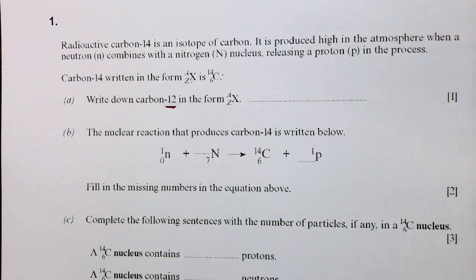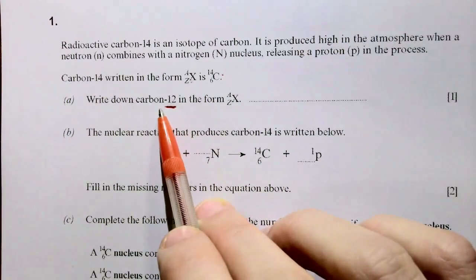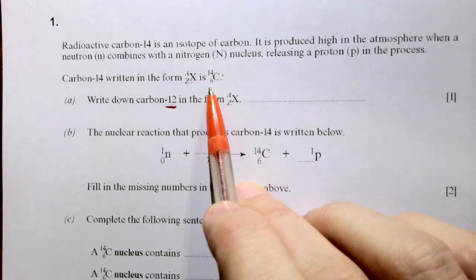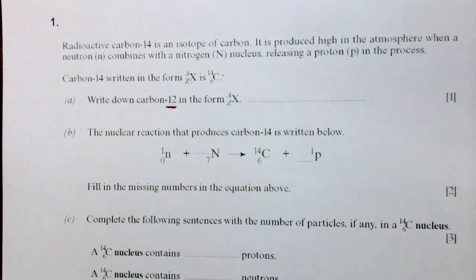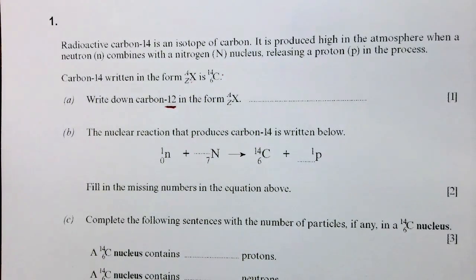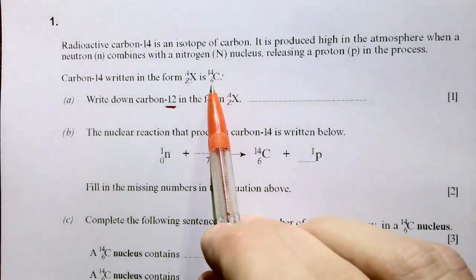The other important thing to note is that if it is carbon, then it must also have the same atomic number as given above. They will never expect you to know the atomic number, that's not required. You do need to know, however, that if it is carbon, then it must have 6.